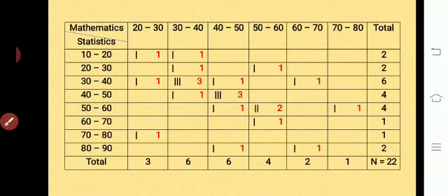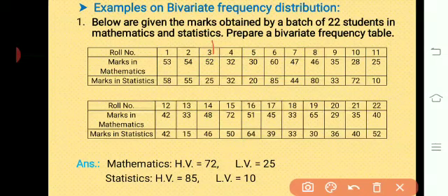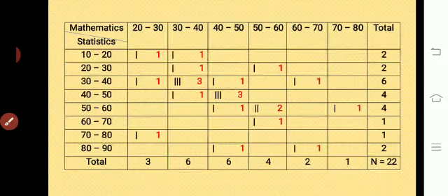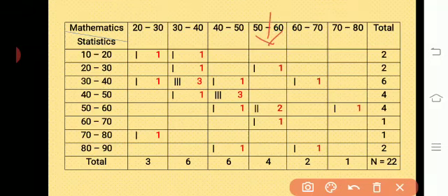Then if you go to the third set of observations, that is roll number 3, marks in mathematics are 52 and marks in statistics are 25. So 52 will come in this class interval, and 25 will come in the class interval 20 to 30.